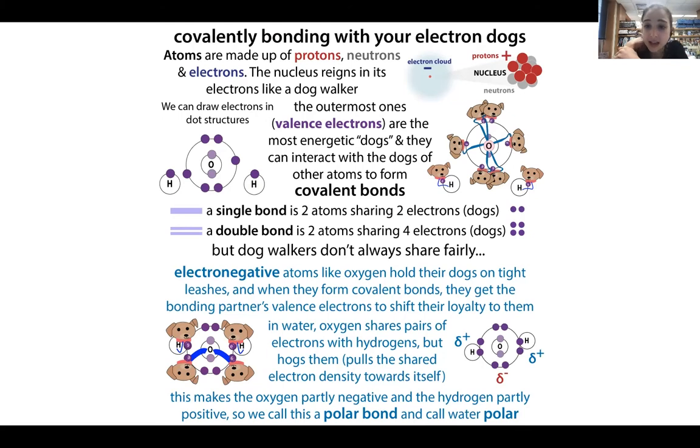So if you have a water molecule, these 2 hydrogens are joining up with the oxygen, and they're sharing pairs of electrons. But because oxygen is so good at pulling in on these electrons, even though they came from the hydrogen, they kind of switch their loyalty, and they'll stay with the oxygen if the hydrogen leaves.